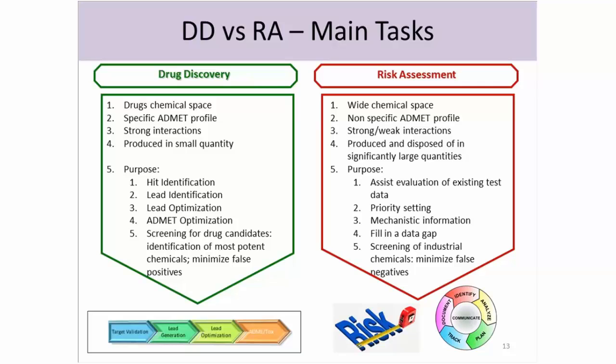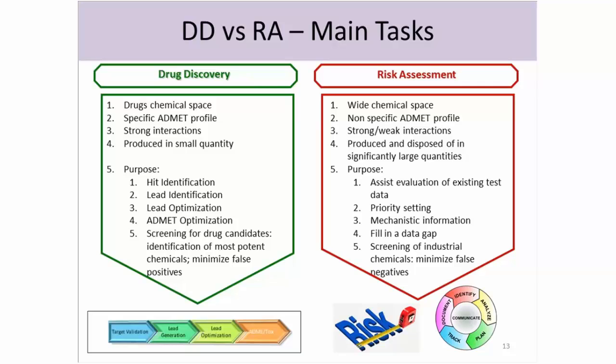So the aim, the goal, the task of in silico methods in these two frameworks are slightly different. The other thing is that usually in drug discovery, you are looking for strong interaction. In risk assessment, and here we were talking about repeated dose toxicity, weak interaction towards a receptor can also cause toxicity in the end.